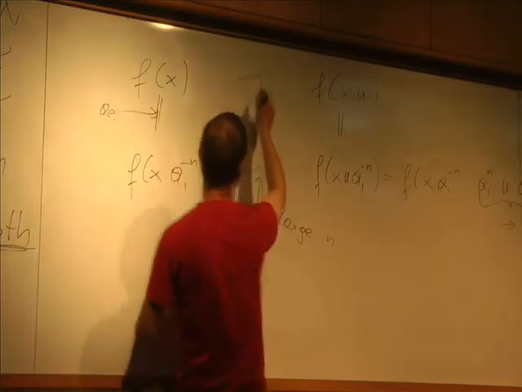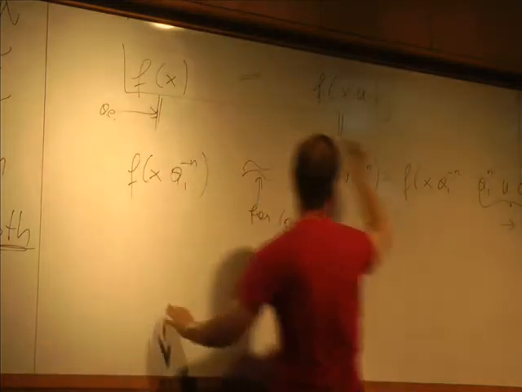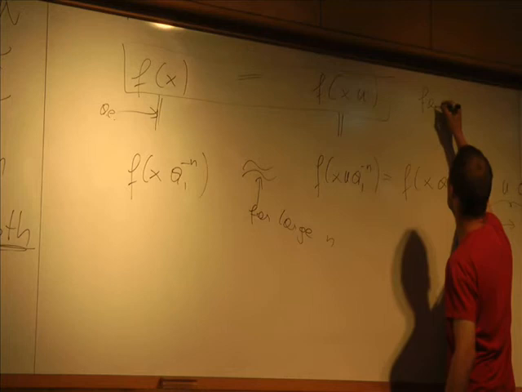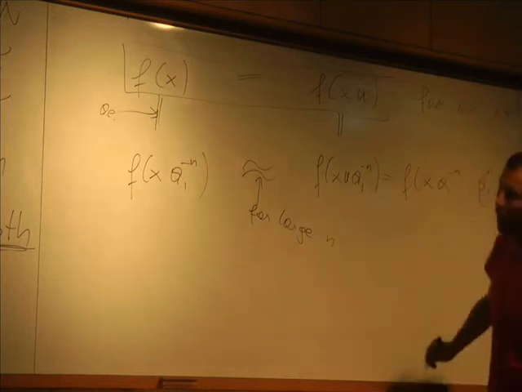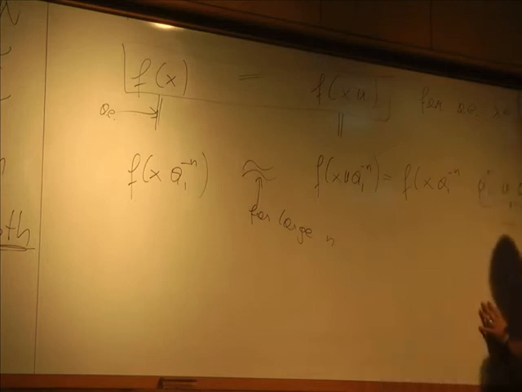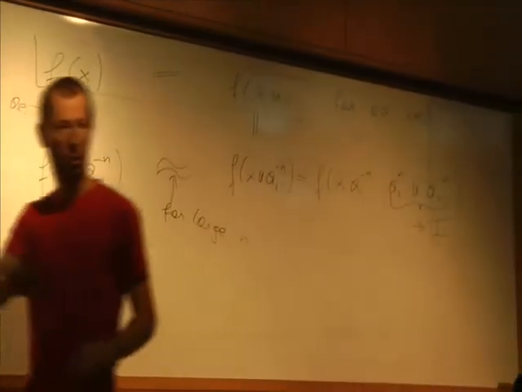So we have shown this. To be precise, we have shown this for almost every x in X1 intersection X1 u inverse. Now you let epsilon go to 0 and you're done.